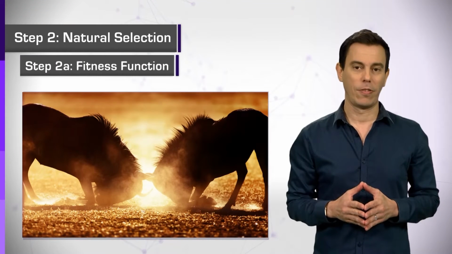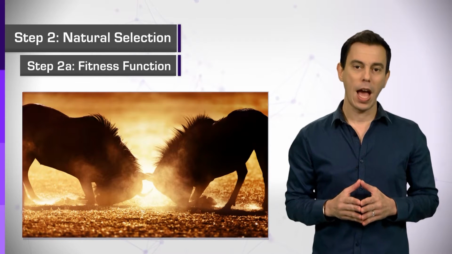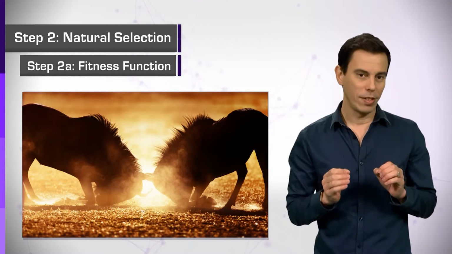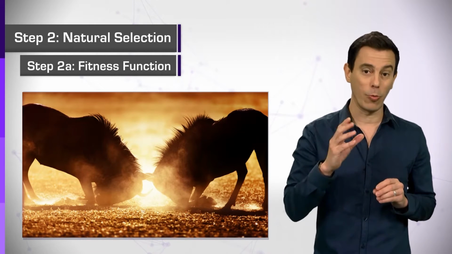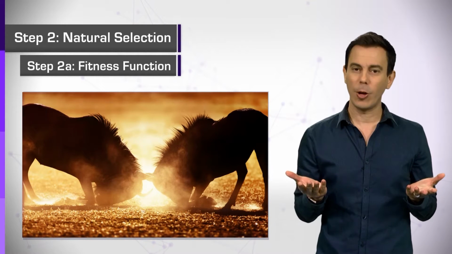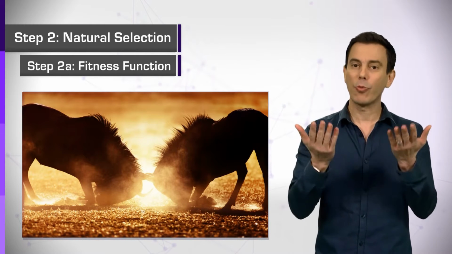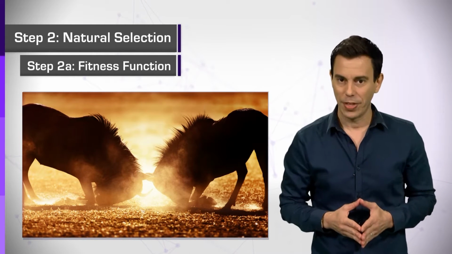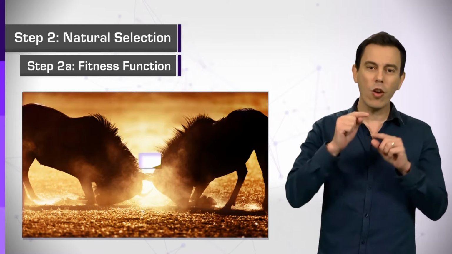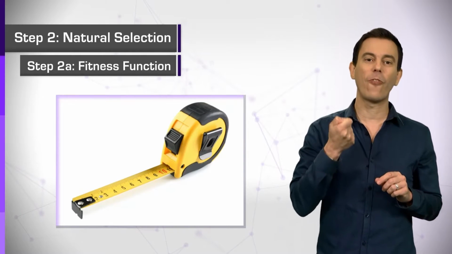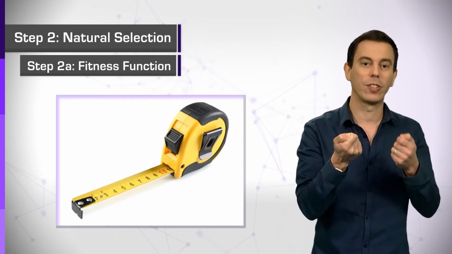Step 2a, fitness function. According to Darwin, a strong individual is the one that fits better to the environment. What is the environment in our case? It's the problem we are trying to solve. To assess fitness, we'll create a function that quantifies how much a solution fits the problem, solves the problem.